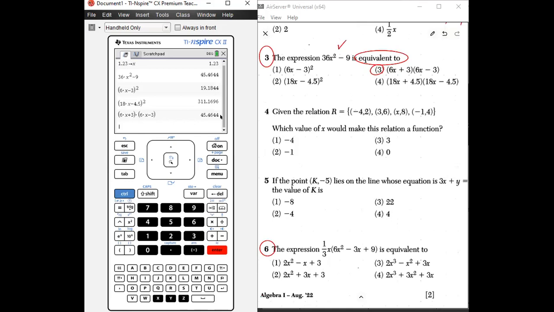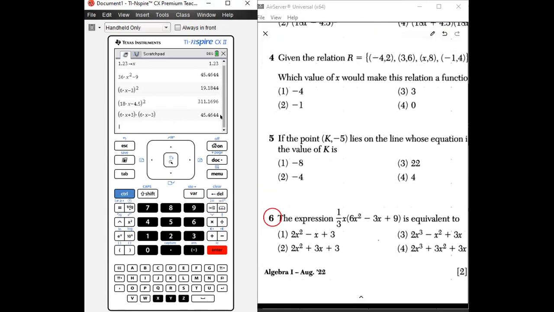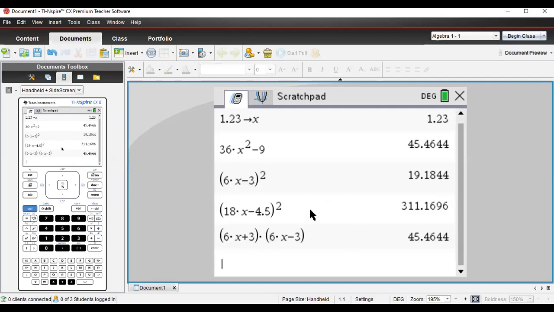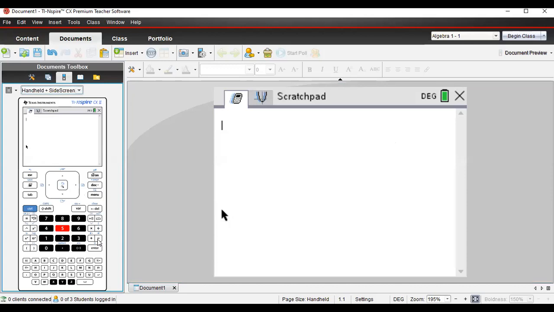So let's go to number 6 now. It's the same thing. It says equivalent to, it's got an expression, and it's got a bunch of other expressions. So let's go. I am going to get rid of all of this, so I'm just going to do menu 15.